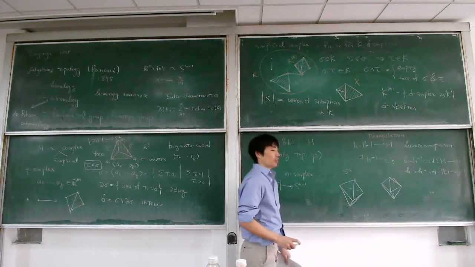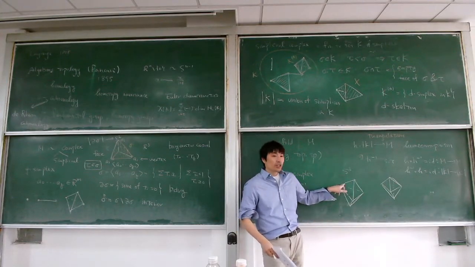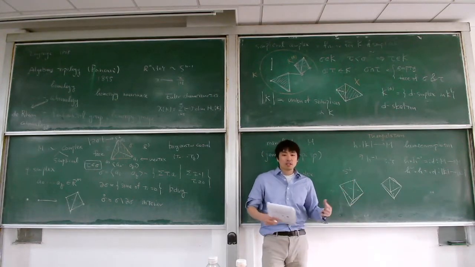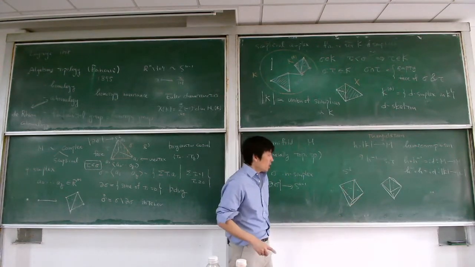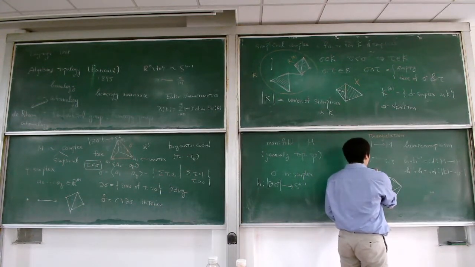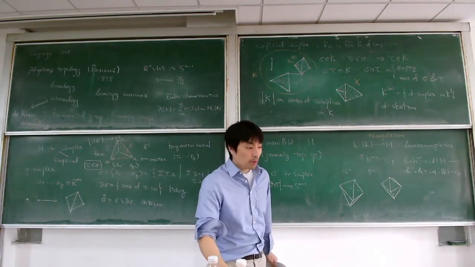One can triangulate S2, so S2 can literally be triangles. Each face is a triangle, and that's why it's called a triangulation. So S2 admits another triangulation.